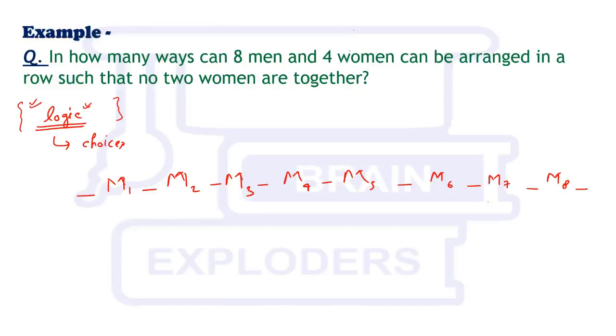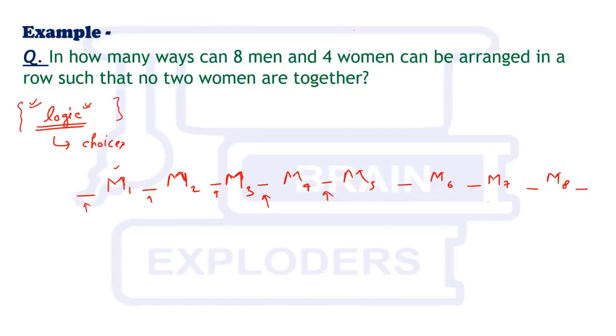So choice number 1 that we have to make is to arrange the men in a specific order. For the arrangement of men, we can choose any specific arrangement. Then we will make a second choice: in these places which we have drawn over here, we will have to select any 4 places. That will be our second choice. And then in the third choice we will decide a specific order of the women.